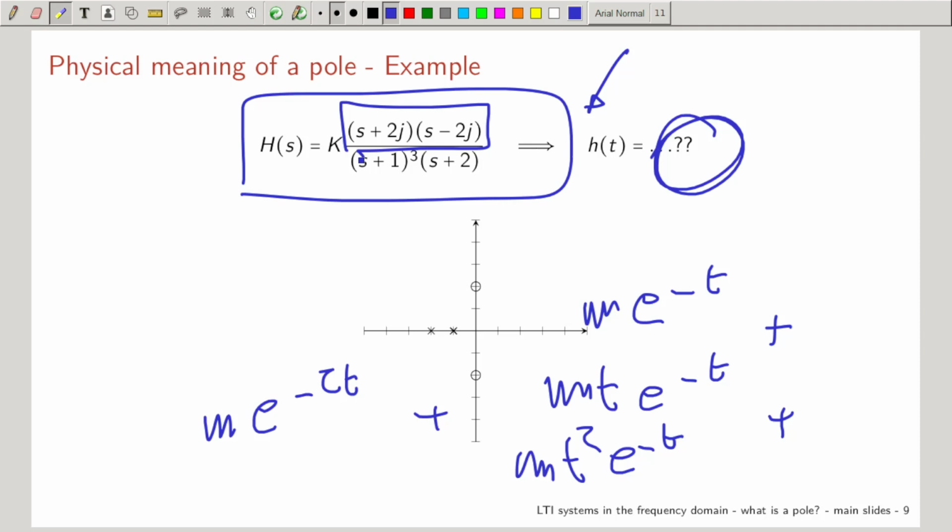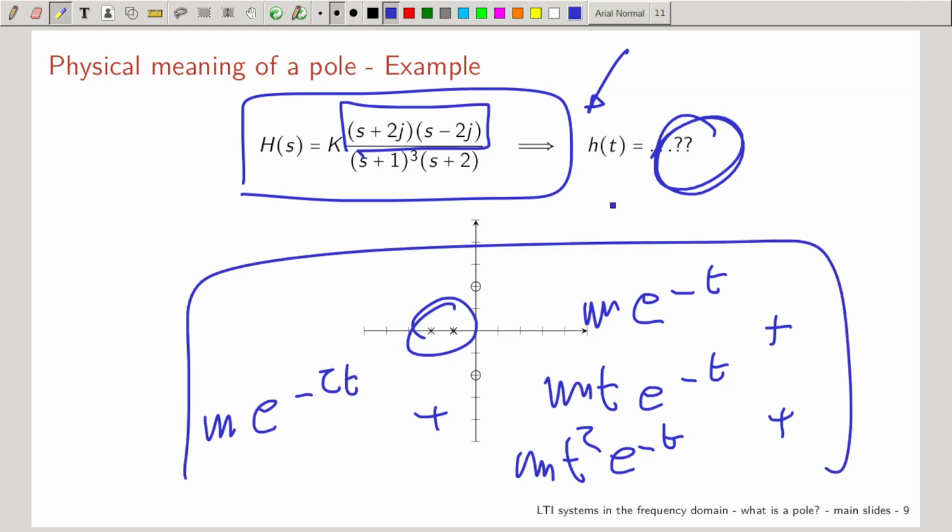Kind of not very relevant. By looking at this, I know that H of T will have 1, 2, 3, 4 modes. Okay? How much are we together, people? Other questions?